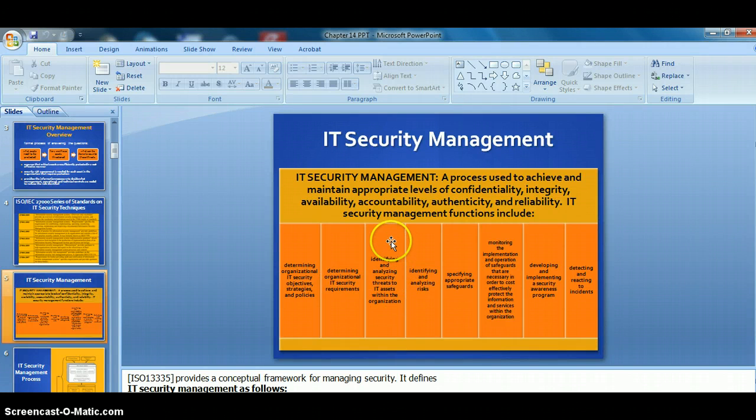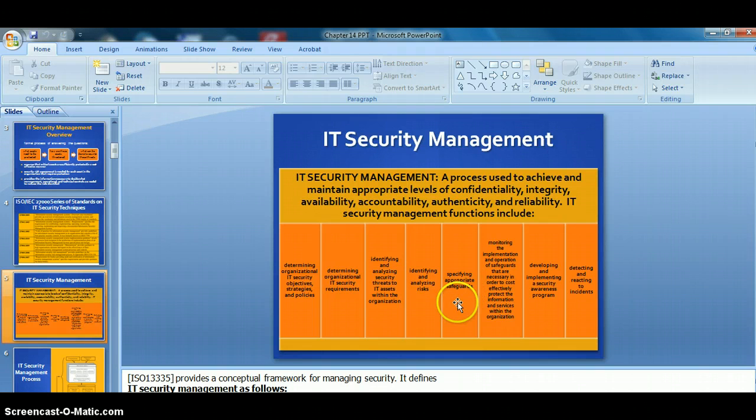We also have identifying and analyzing security threats to IT assets within the organization. One of the functions of IT security management is to identify and analyze security threats. We define the security threats through the terminology, and also identify and analyze risk. What is the risk analysis for each threat to any of our assets?